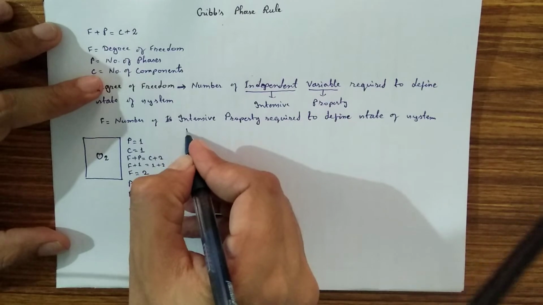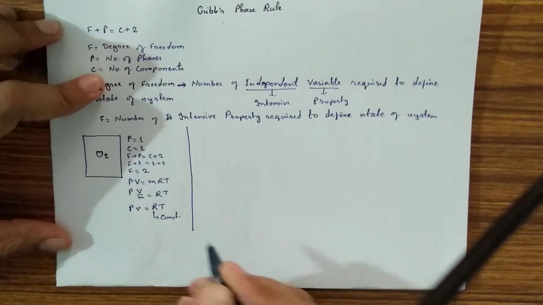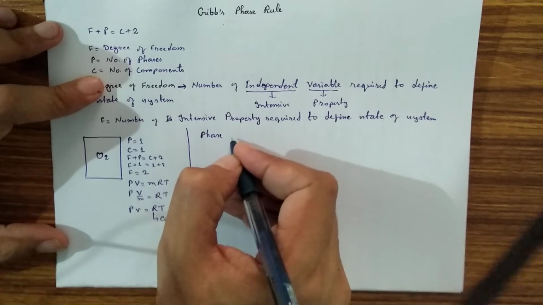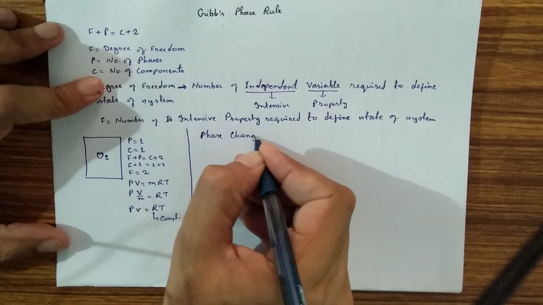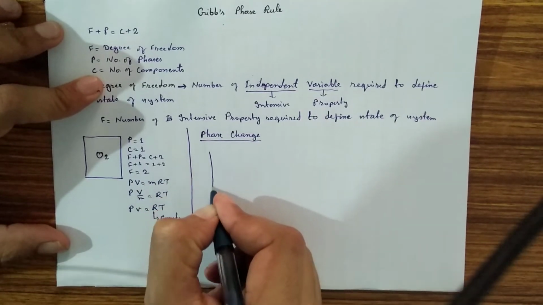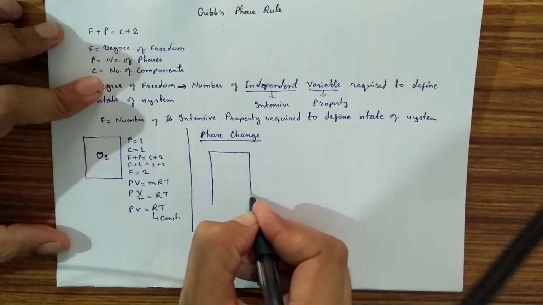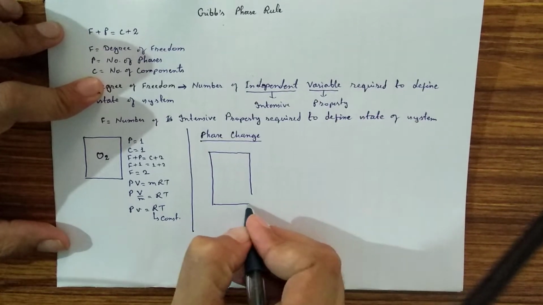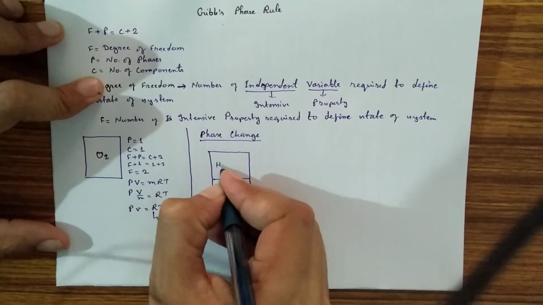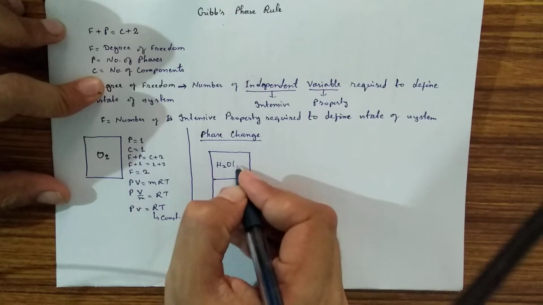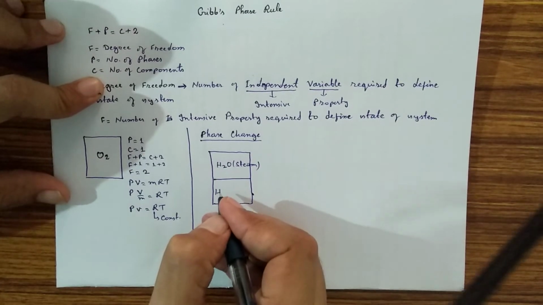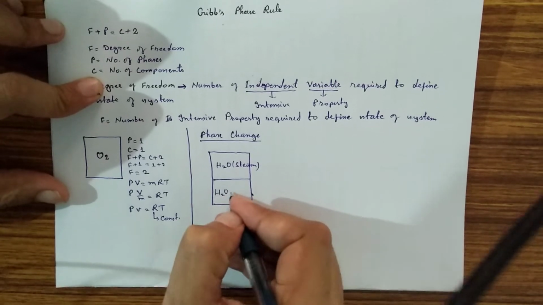We will take another example. Let's see phase change. For phase change, H2O is steam and H2O liquid form, that is water.